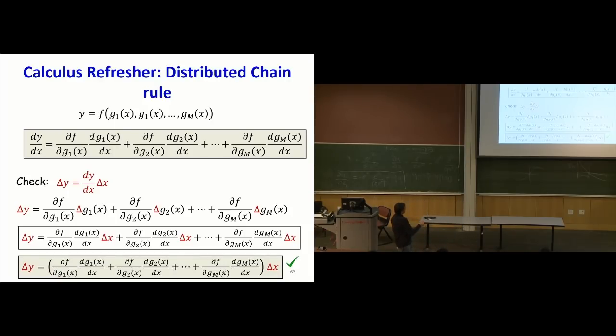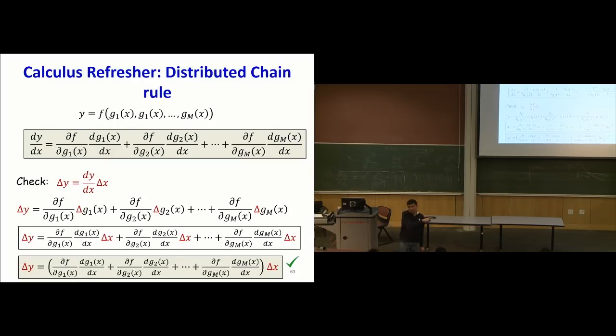I can have y be a function of many g's, each of which is in turn a function of x, right? So when I want to compute the derivative of y with respect to x, that's going to be the partial derivative of f with respect to g1 times the derivative of g1 with respect to x plus the partial derivative of f with respect to, this should have been g2.